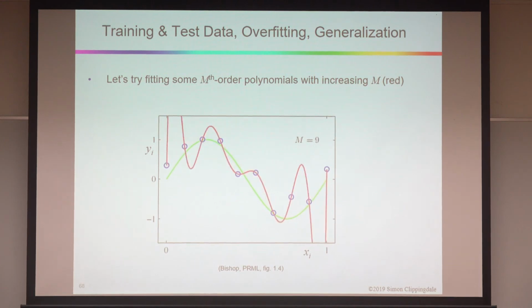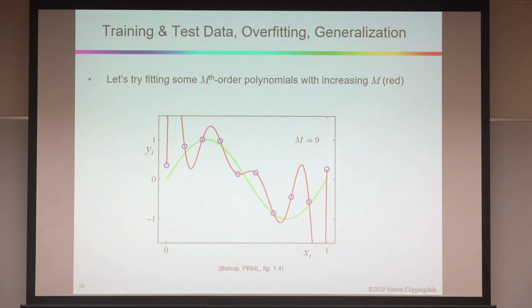If we go to a ninth order polynomial now, so we have 10 parameters to play with, we can fit this red polynomial exactly to all the data points, like this, which sounds like it should make us happy, but actually it shouldn't make us happy because of the wild variations between the data points.